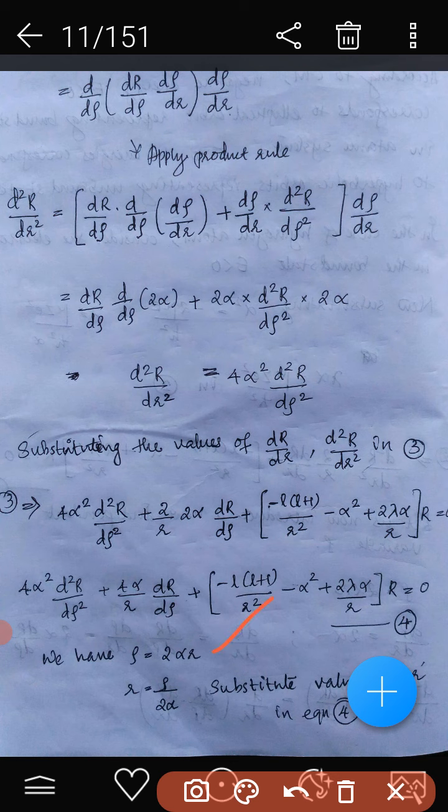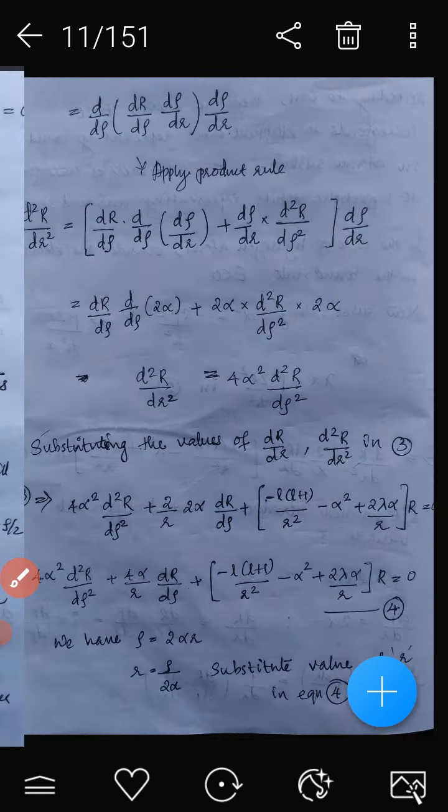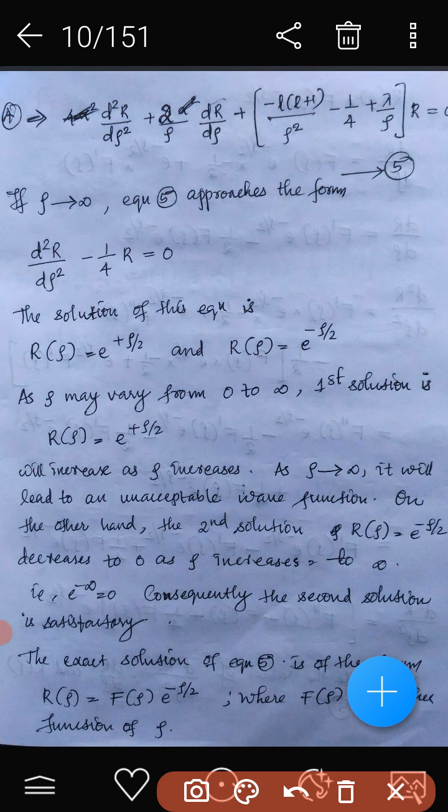We have rho equal to 2 alpha r, so r is equal to rho by 2 alpha. Instead of r, we can substitute this value, r equal to rho by 2 alpha. Then our equation becomes, this is our equation.